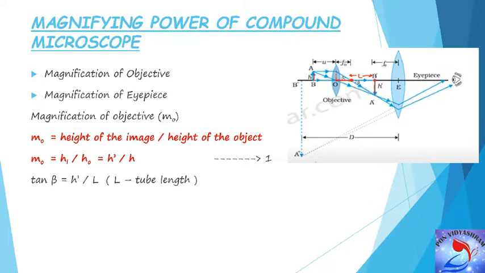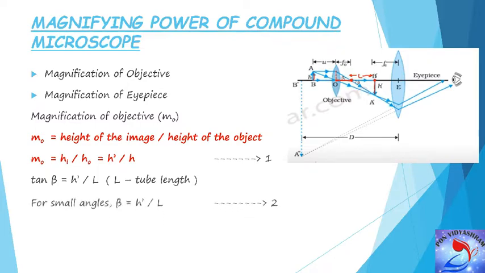So we can find tan beta, which is the opposite by adjacent. Here the adjacent is the length of the tube, from the focal point of the objective to the focal point of the eyepiece. What is the tube length? So tan beta we can write as the image height H dash divided by the length, capital L.